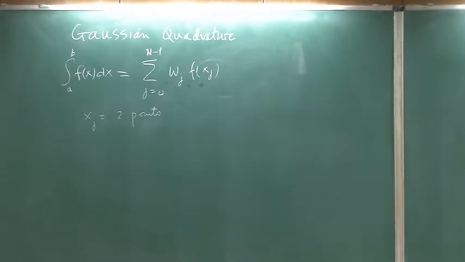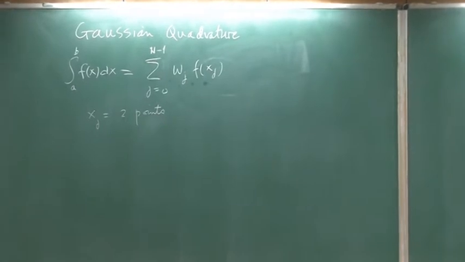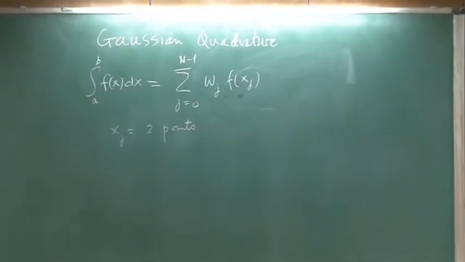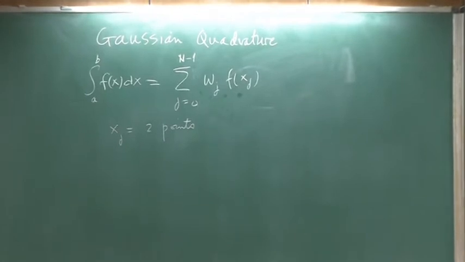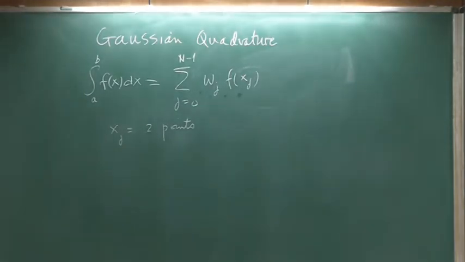What is the kind of function which I can integrate exactly? Linear definitely, but you can do better. I am asking about integration using this formula. It turns out, I will show you, that anything of cubic order or less can be done exactly. That is the power: anything cubic or less with 2 points.